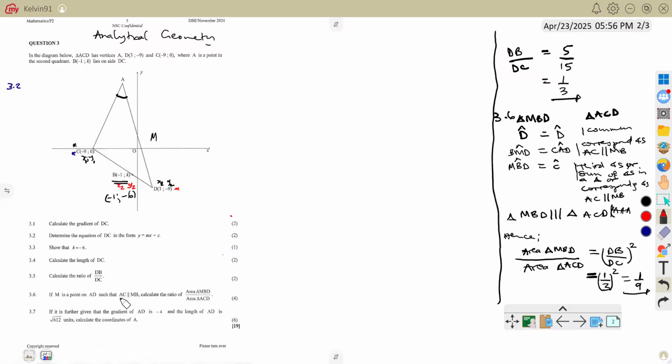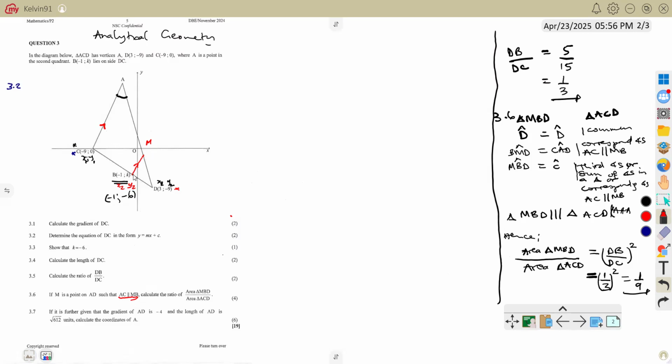Alternatively, still on this question, let me remove this. We'll be having our M on this side, so we can say maybe our M is there. This side and this side are given as parallel.